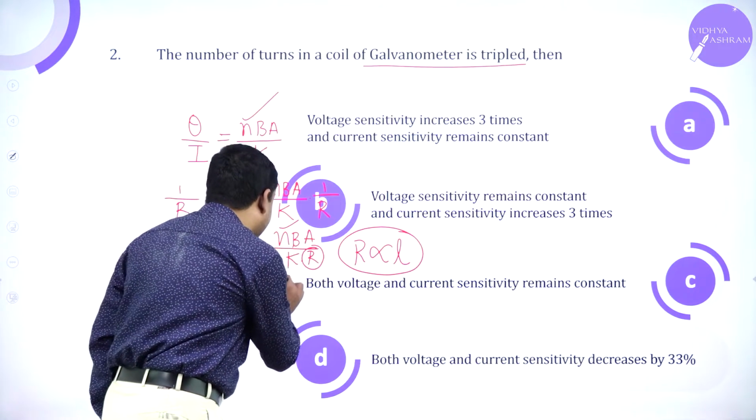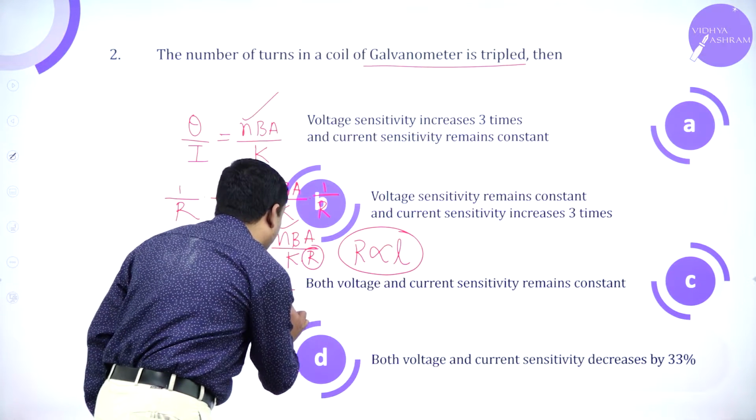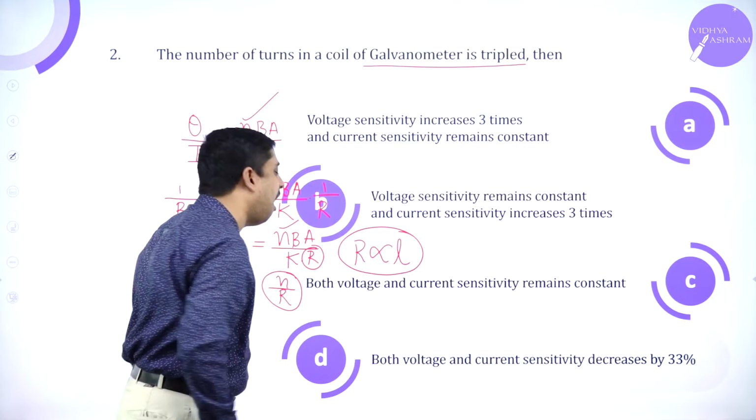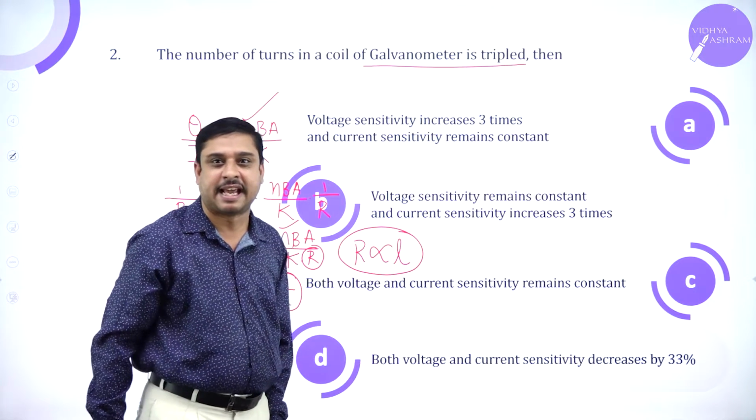As a result, this ratio N by R becomes constant.